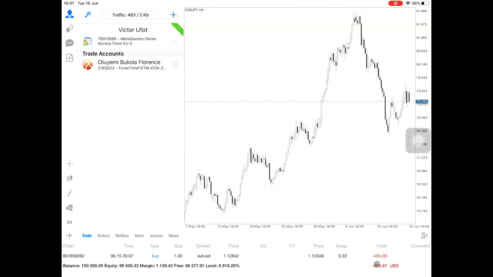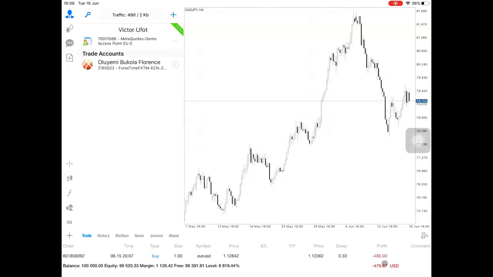You can see that this loss of $494 has been taken out of the equity. That is why we now have 98389. Any further losses will be subtracted from this free margin here. Then when you close the trade, your equity becomes your balance.